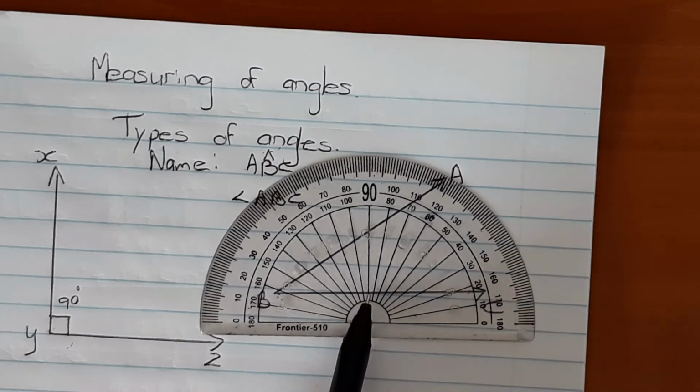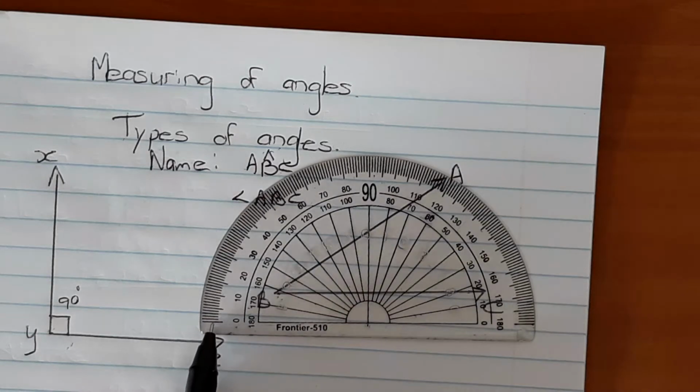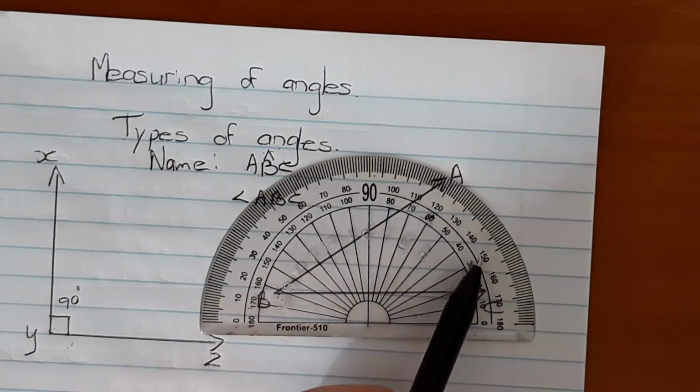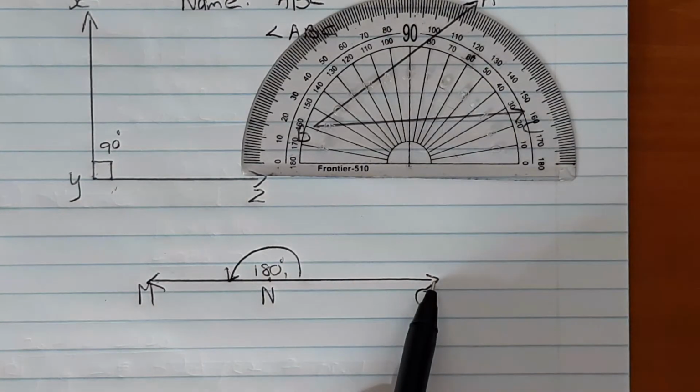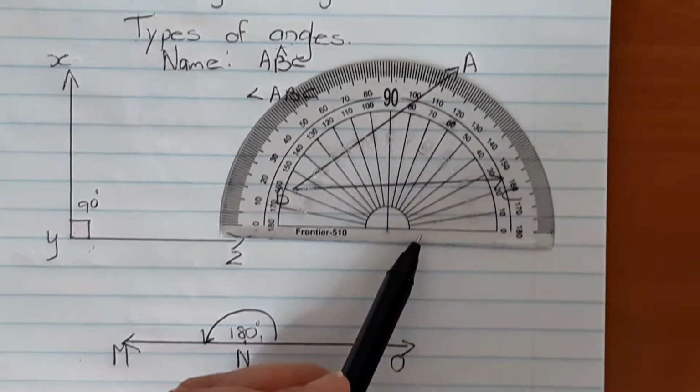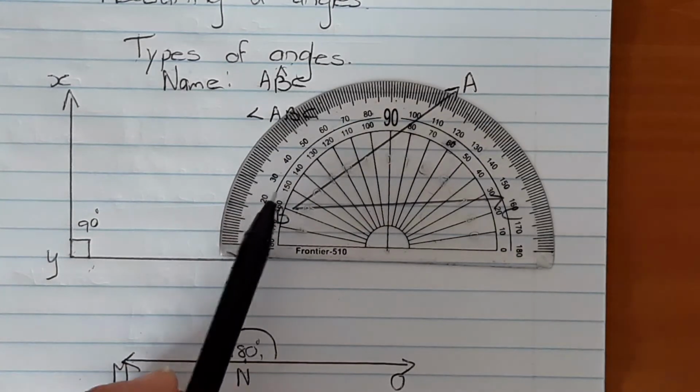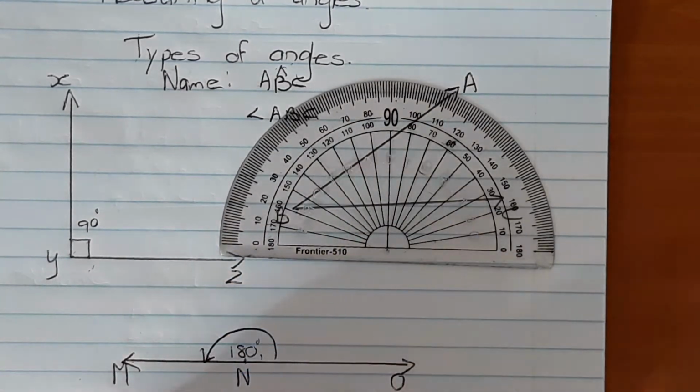It has a cross there in the middle or a hole. So it goes from 0 right around to 180 degrees, like with a straight line, it's 180 degrees. And you get a protractor that is a full circle, but you don't use it so often. It will measure a 360 degrees revolution.